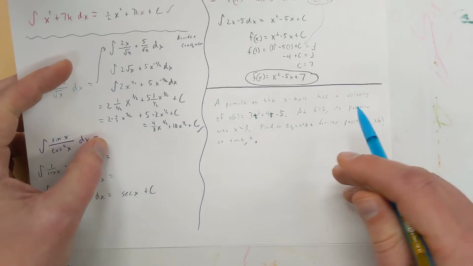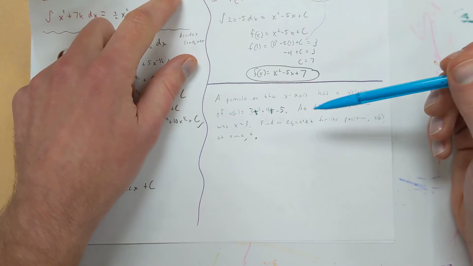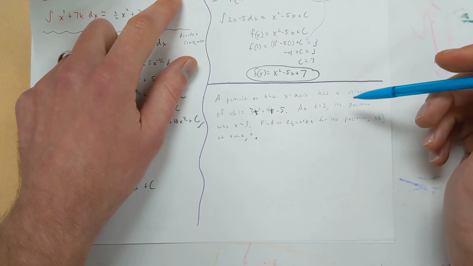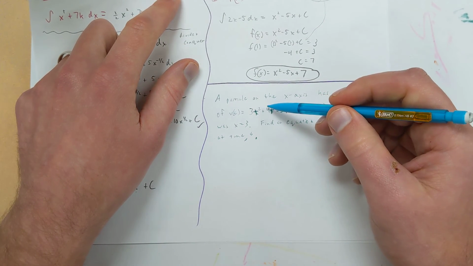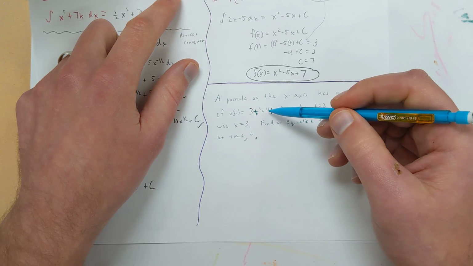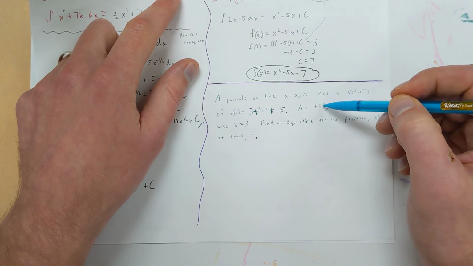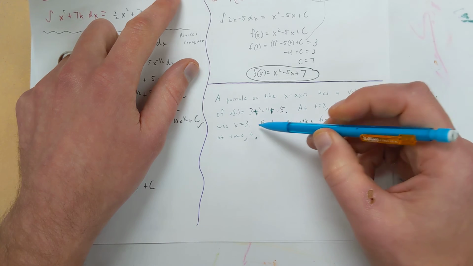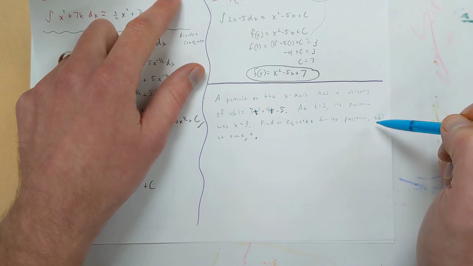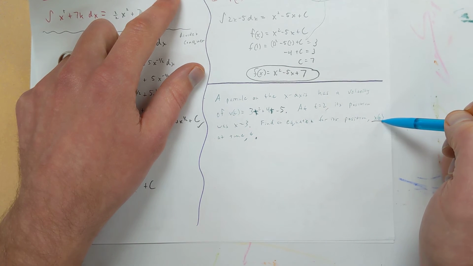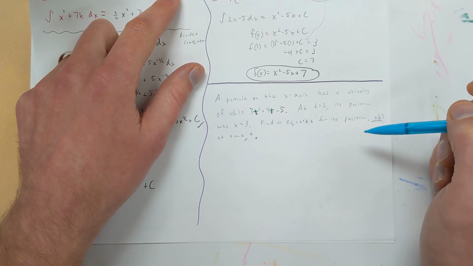And I've got one more for you here. A particle on the x-axis has a velocity of v of t is equal to 3t squared plus 4t minus 5. At t equals 2, its position was x equals 3. Find an equation for its position, x of t, at time t.